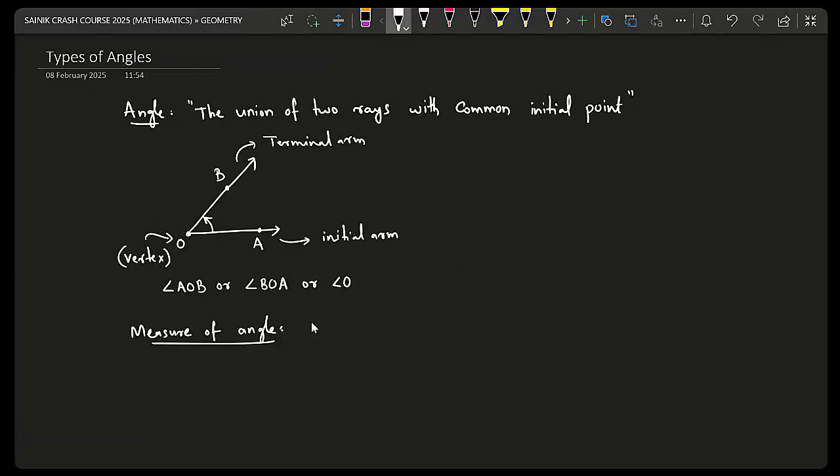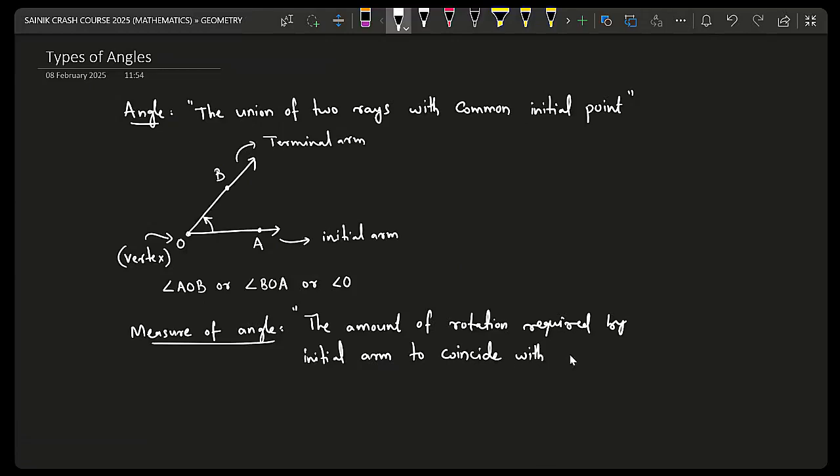Measure of the angle means the amount of rotation required by the initial arm to coincide with the terminal arm. That amount we call the measure of the angle. Suppose this ray OA is there.